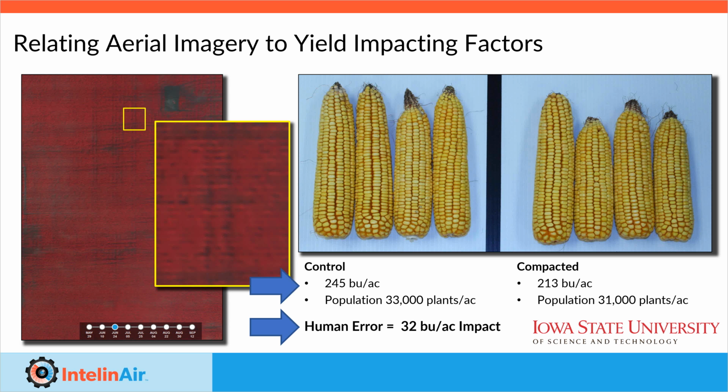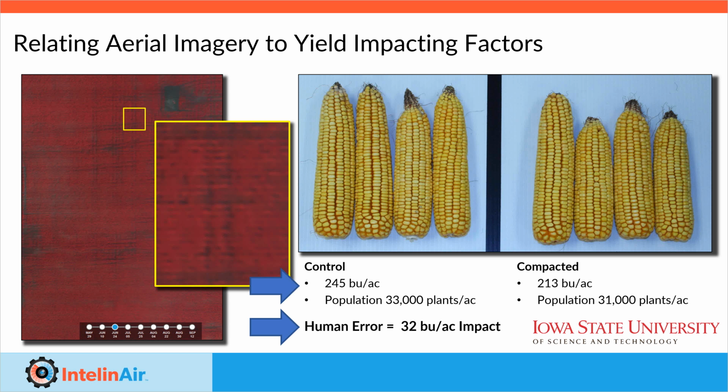So just by being able to quantify these areas and not only determine where the compacted areas are, but how many acres were affected, and then at the end of the season, looking at the yield difference and saying there's no difference in these areas of the field other than that one had a number of equipment run over the top of it and was judged to be compacted, and then the rows right next to it were control areas, and we have a huge difference in the yield from that field.